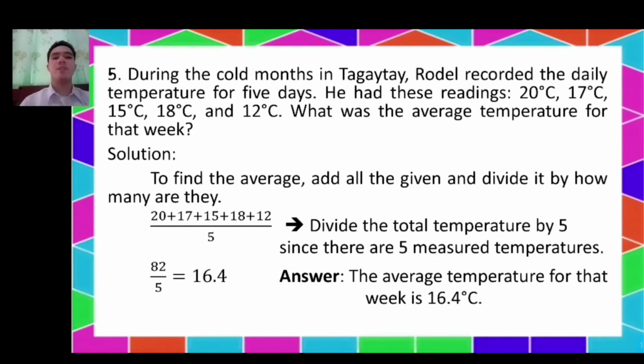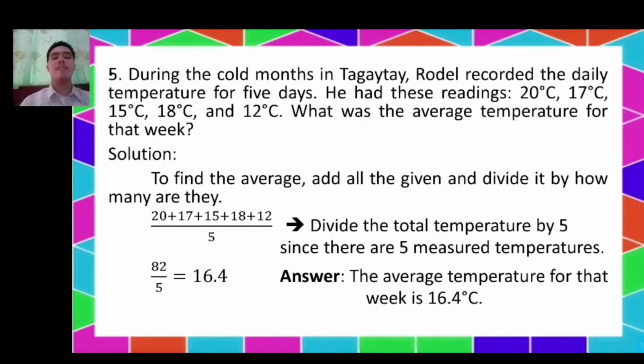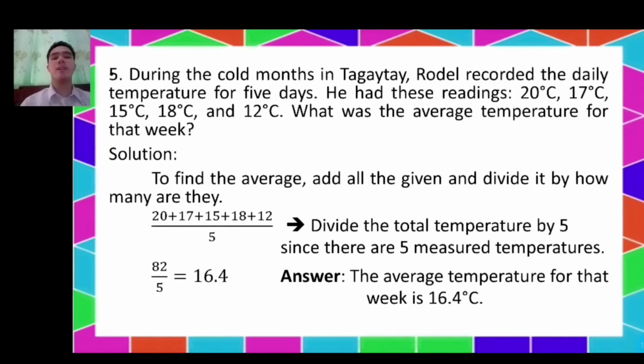Number 5. During the cold months in Tagaytay, Rodel recorded the daily temperature for 5 days. He had these readings: 20 degrees Celsius, 17 degrees Celsius, 15 degrees Celsius, 18 degrees Celsius, and 12 degrees Celsius. Now, what was the average temperature for that week?